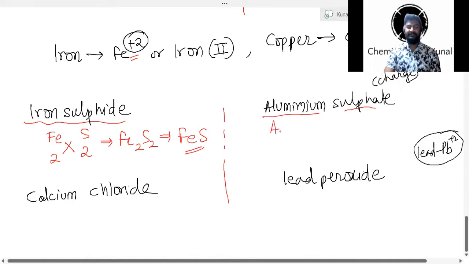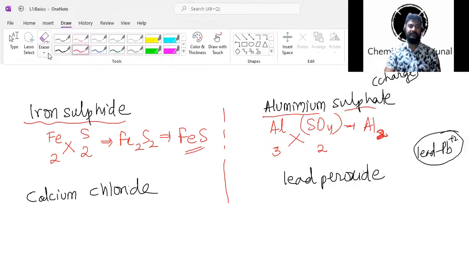Aluminium sulfate. Aluminum is 3, sulfate is 2. Cross multiply. What do we get? Al3? No. Is it Al3? Of course not. It's Al2. Why? Because it's the cross multiplication that happens, right?